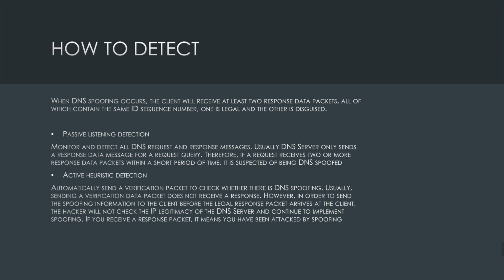However, in order to send the spoofing information to the client before the legal response packet arrives at the client, the hacker will not check the IP of the DNS server and will continue to implement spoofing. If you receive a response packet, it means you have been attacked by spoofing.